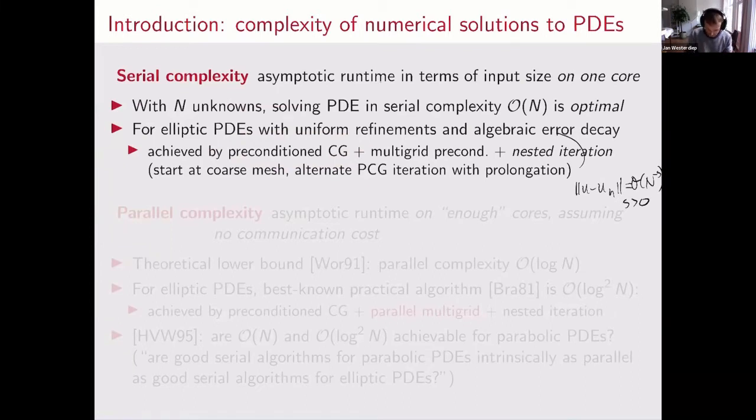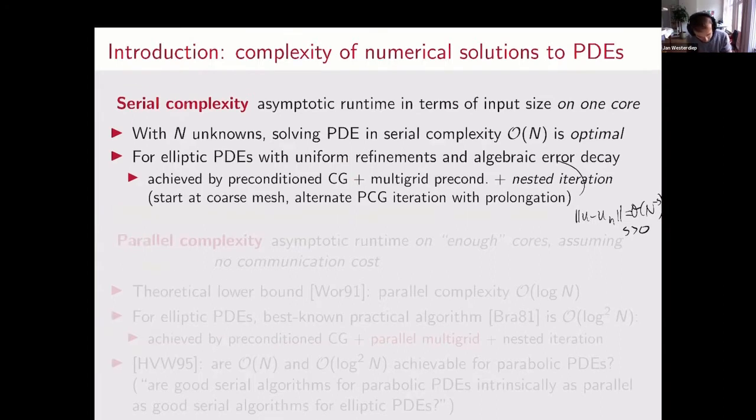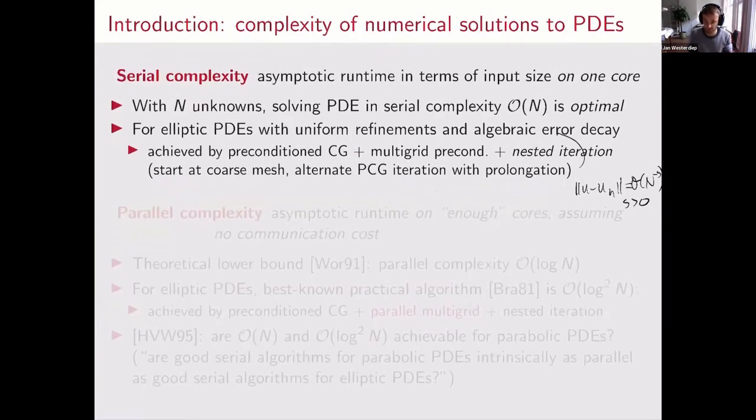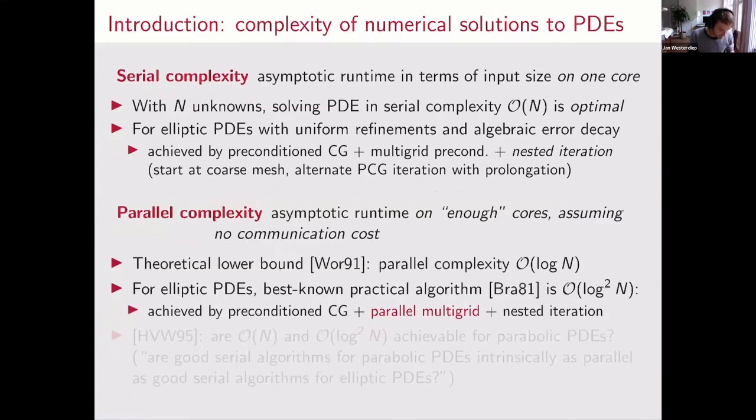Nested iteration basically means that you start your CG iteration at the coarsest mesh, and then alternate some steps of PCG with a prolongation. In doing so, you reduce the cost of the early PCG iterations. And this drives down the complexity from n log n to order n.